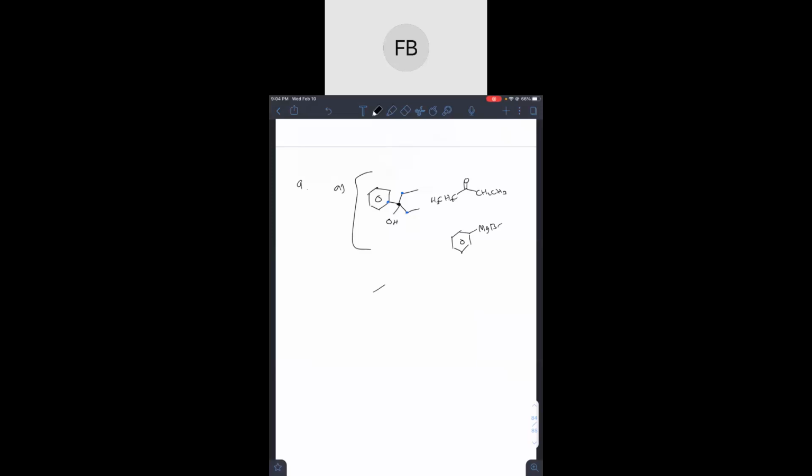Another way would be to say that it came from the ketone being attached to the ring and an ethyl, and that this was a Grignard. That works as well. So those are the two solutions.